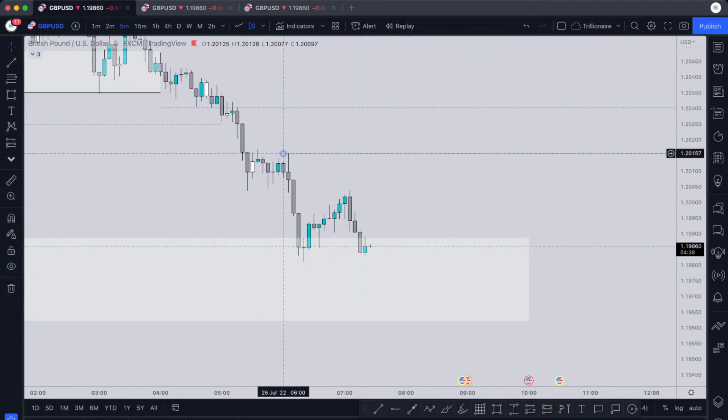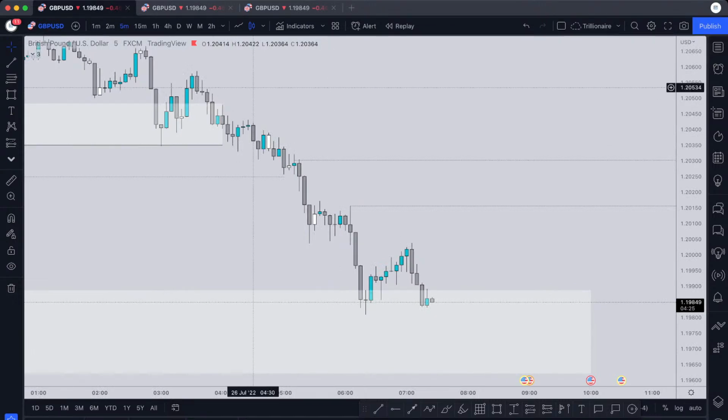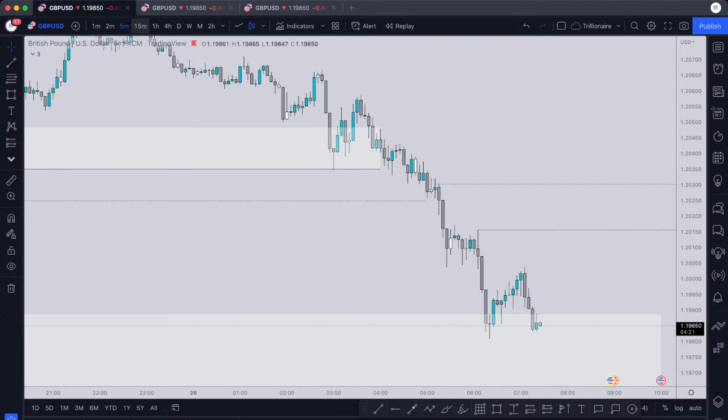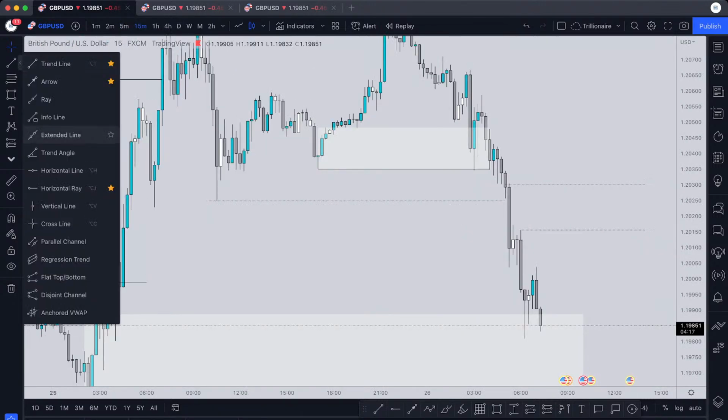We are very inexpensive for GBPUSD right now, mainly because if we go to 12 o'clock Eastern Standard Time, 12 a.m. Eastern Standard Time, that's going to be right here.